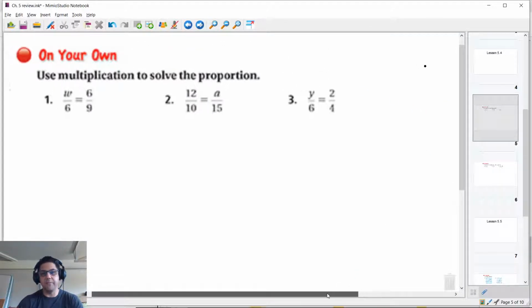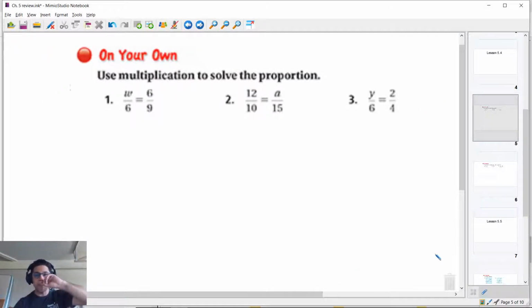So again, some of you might be able to visualize it, but it doesn't always work out that way. So the way that I asked you to do it in class with your cross product is just show a little arrow. W times 9 is 9W. And then 6 times 6 is 36. Now, if you notice, you have a nice, easy one-step equation.